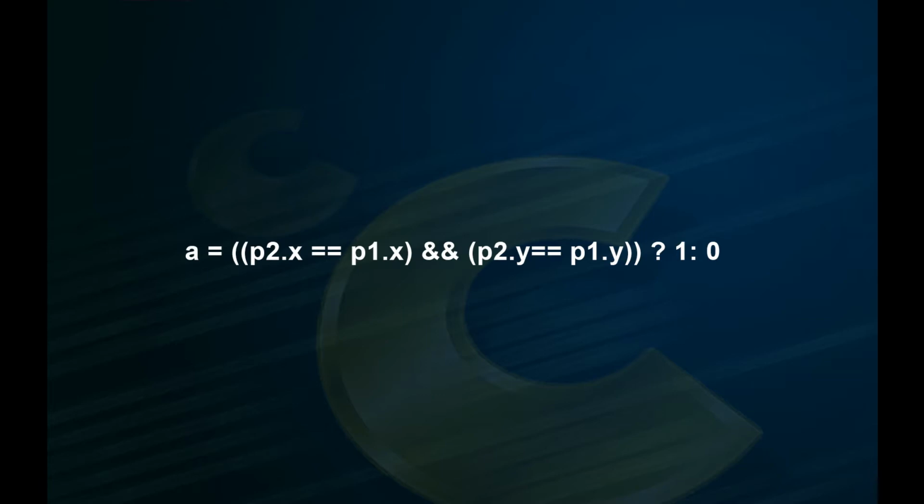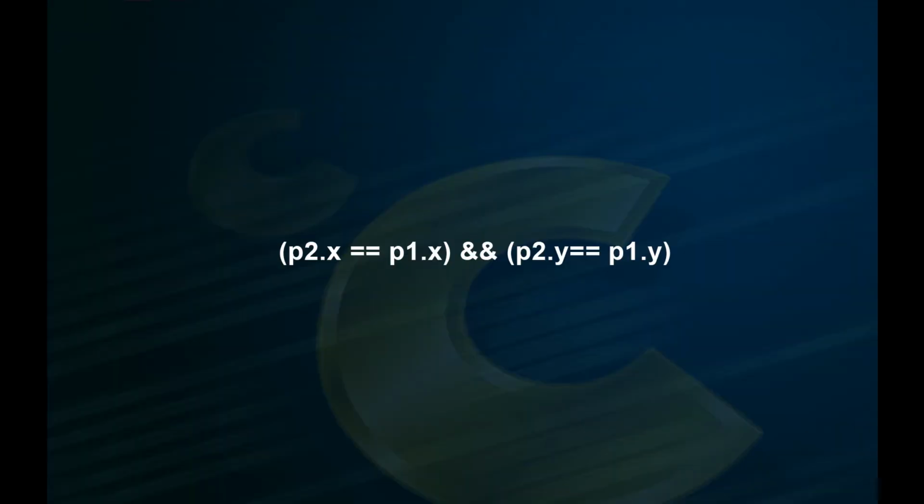For the expression a = P2.x == P1.x && P2.y == P1.y ? 1 : 0, the value 1 is assigned to a if the condition P2.x equal to P1.x and P2.y equal to P1.y is true. Otherwise, a is assigned 0.